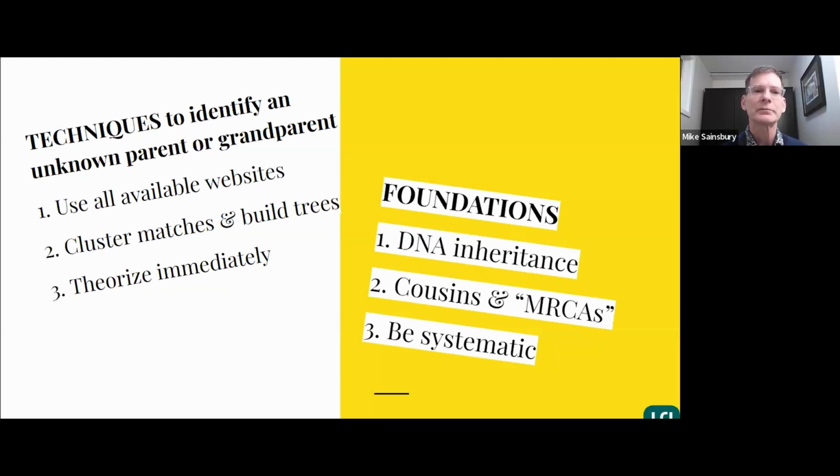ancestor. Now, I should say at the start that because the presentation is called Identifying Unknown Parents or Grandparents through DNA, I'm not assuming that you yourself are looking for a parent or a grandparent. It may be that you're helping someone who's on a search like this.